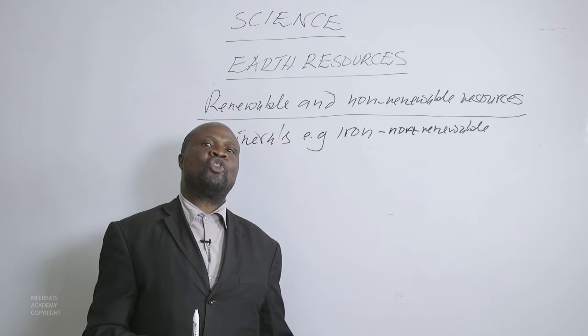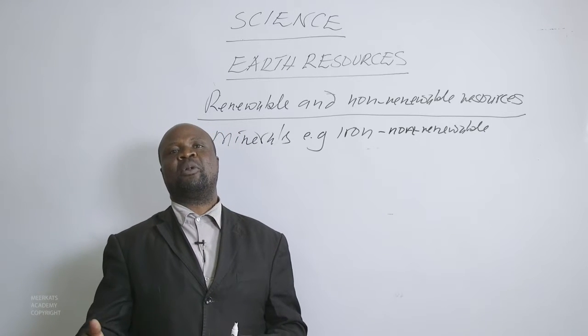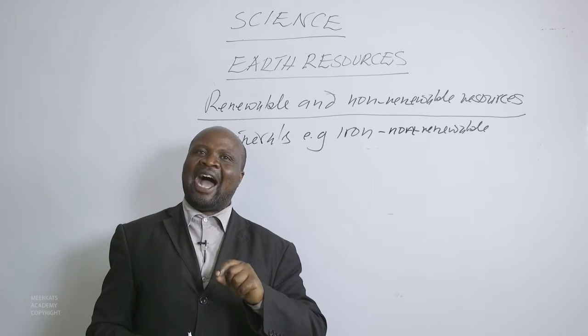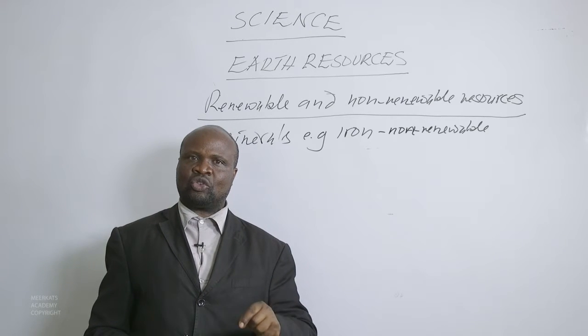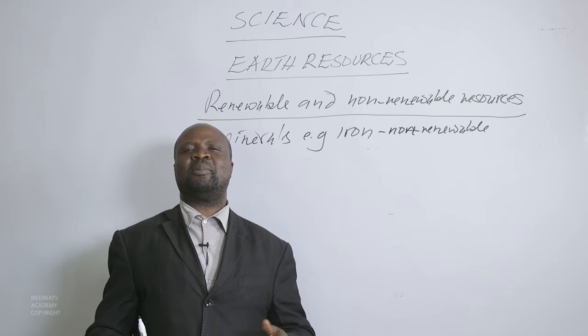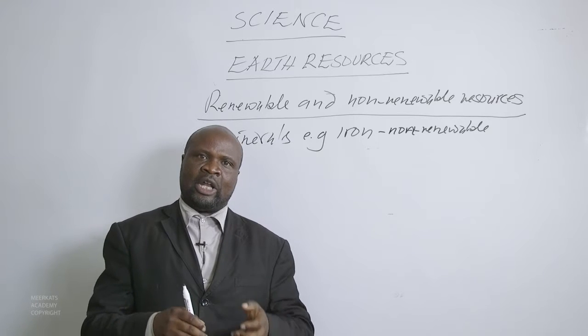For instance, when we talk of air, we know air comprises a number of gases. A high percentage is a gas called nitrogen; close to 78% of the air is nitrogen.